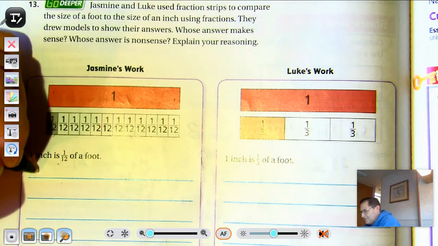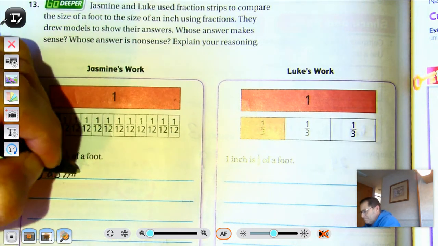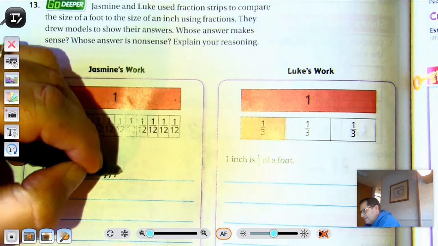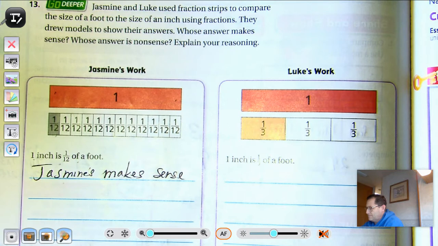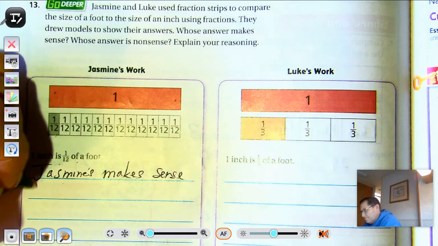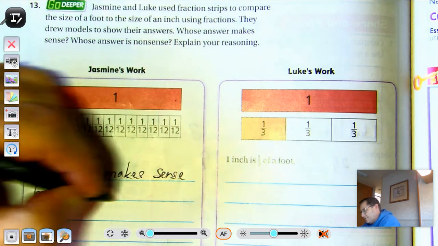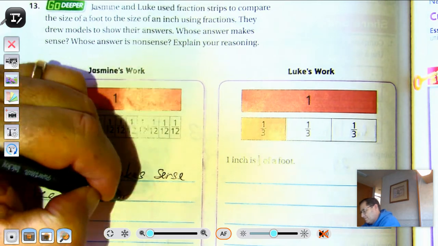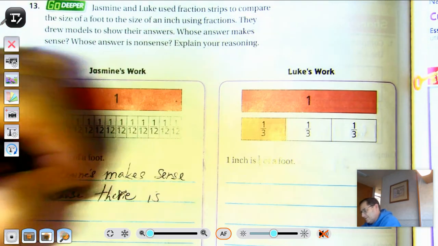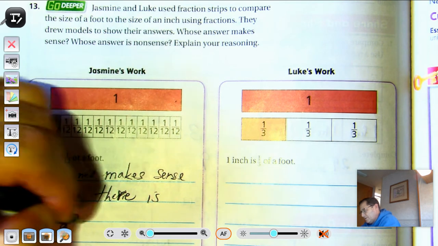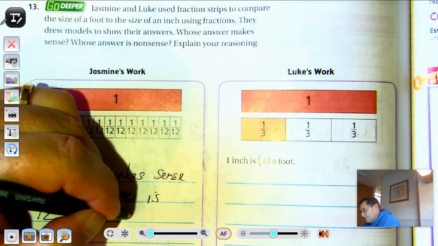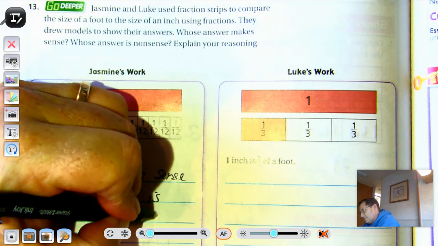So Jasmine's makes sense because there is 12-inch parts in a foot.